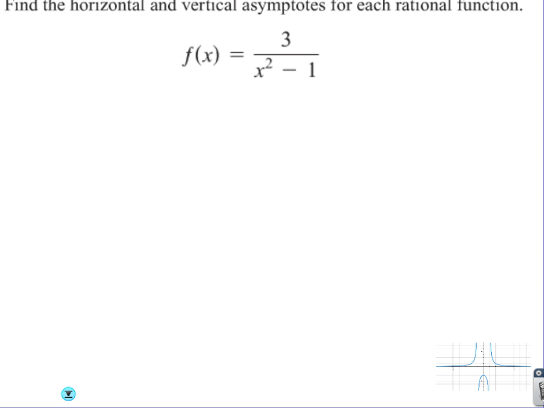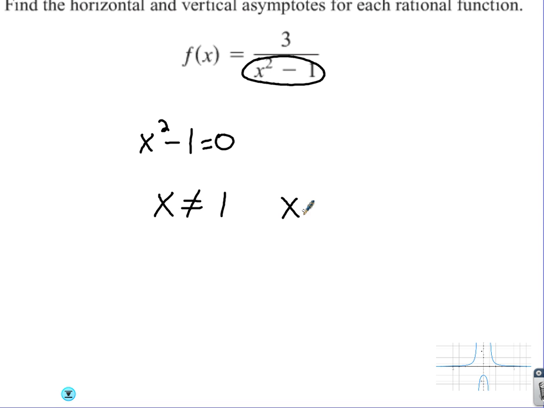Find all horizontal and vertical asymptotes for each rational function. To find vertical asymptotes, set the bottom equal to 0. X squared minus 1 equals 0. What 2 values, and there are 2, can x not equal there? X cannot equal 1, and x cannot equal -1.